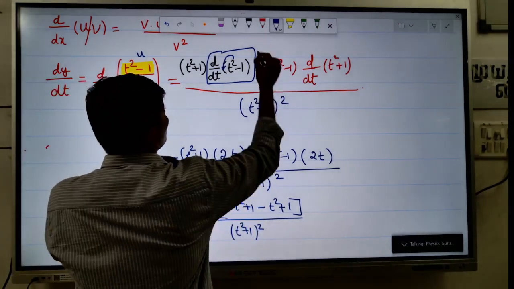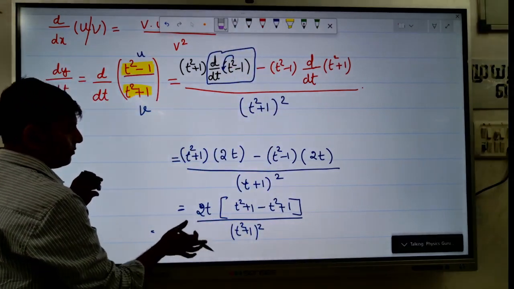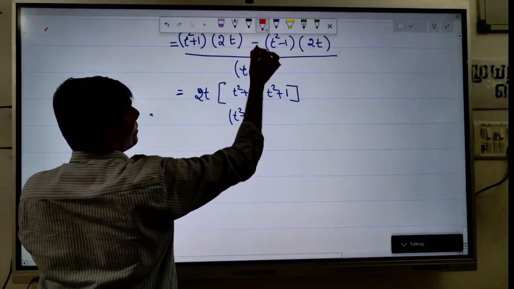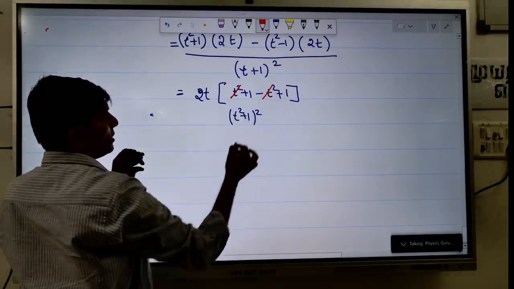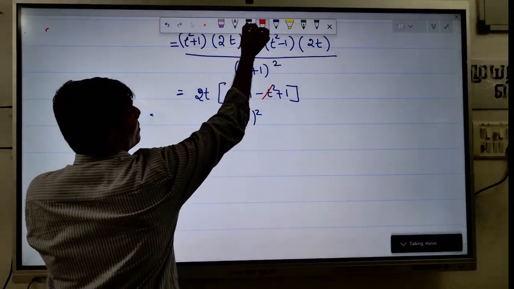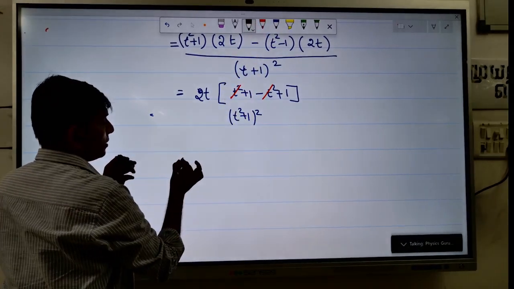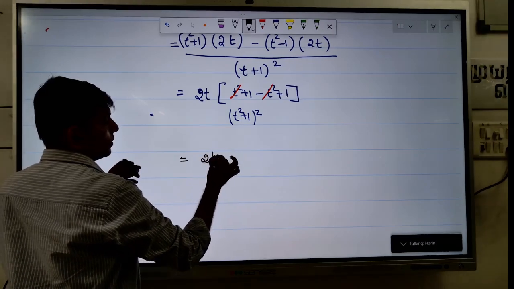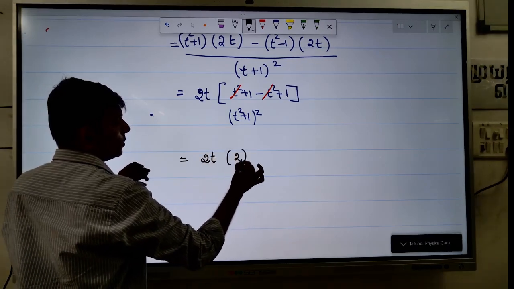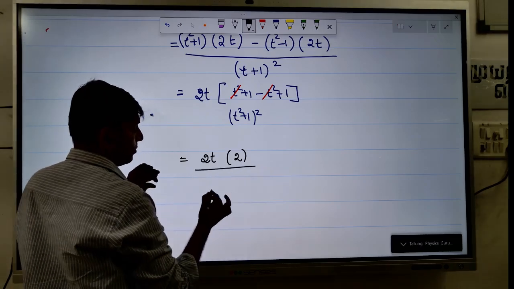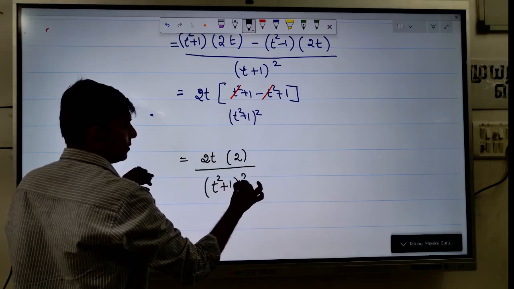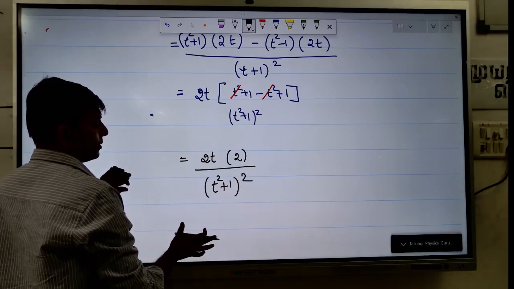Okay. So how do we proceed further? We can cancel plus and minus t squares. Then remaining is 2t into 2 whole divided by t squared plus 1 the whole square.